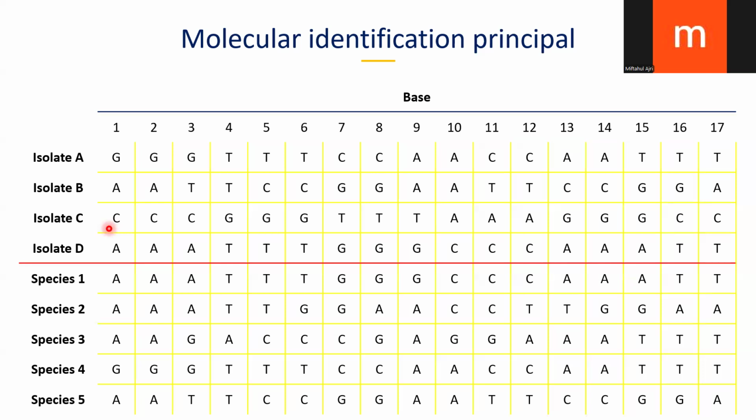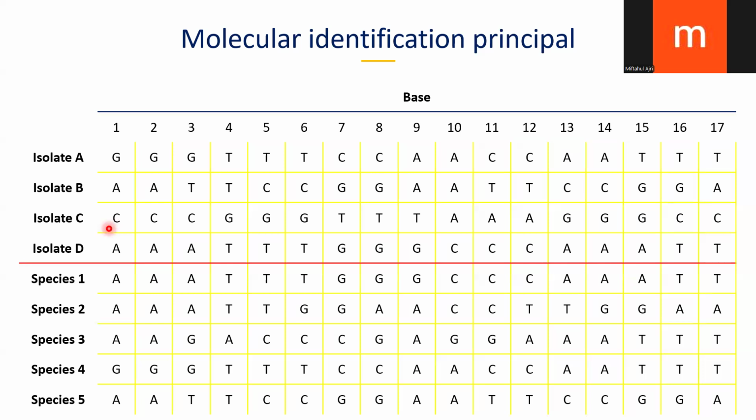If you have a nucleotide sequence that you get from molecular identification, then you can insert your nucleotide sequence into the website, and the website will process what species is related to your nucleotide sequence.